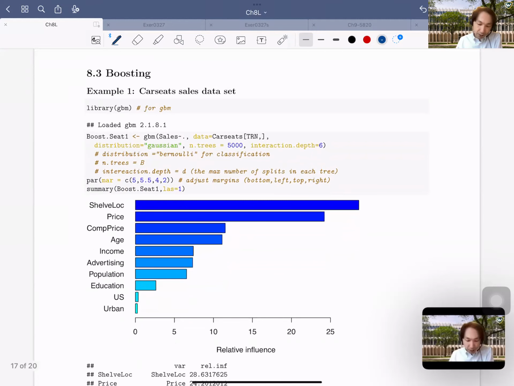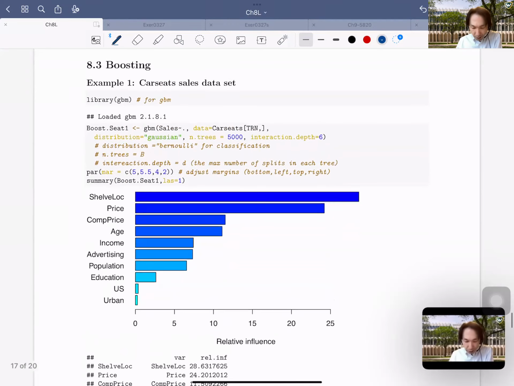For boosting, we have two examples. One is for the Carseats dataset, the same dataset as 8.2. Another one is the Boston dataset, which is also popular, the housing price data in the MASS package.